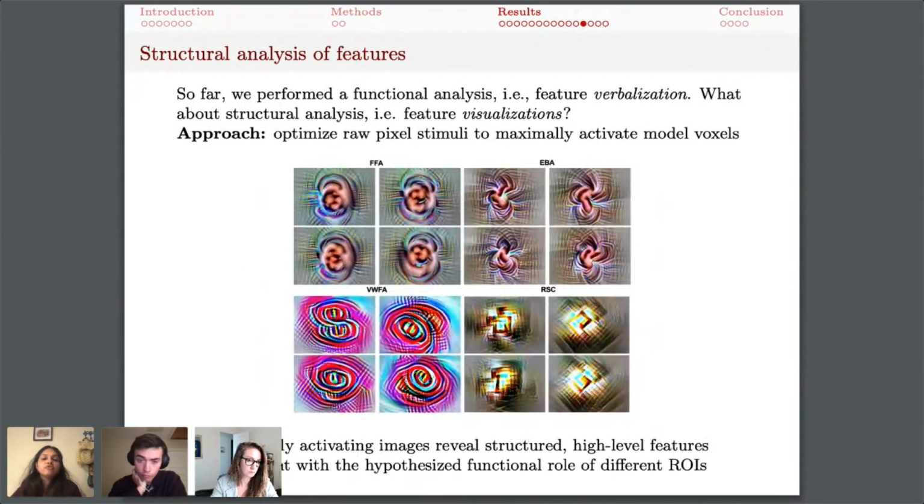For example, full face-like features emerge in the case of FFA, and images that resemble body parts emerge for EBA. For the visual word form area, we see curves and lines of different stroke widths, and in the case of RSC, we see rectilinear features and window-like features in different reference frames, which may be linked to RSC's role in spatial cognition.